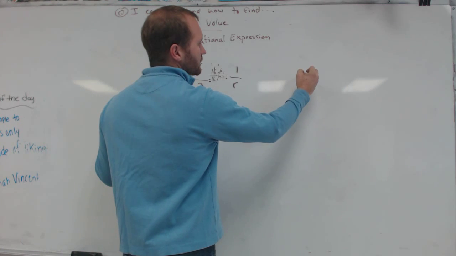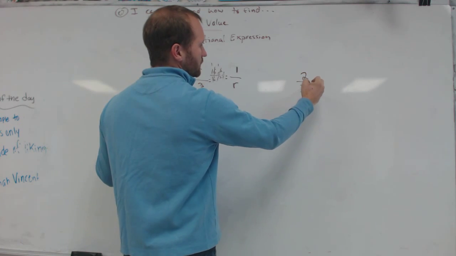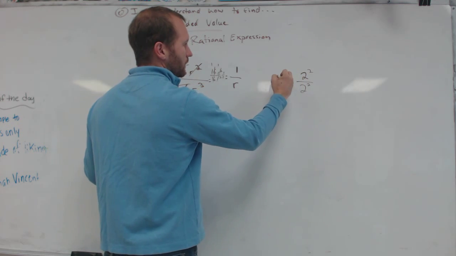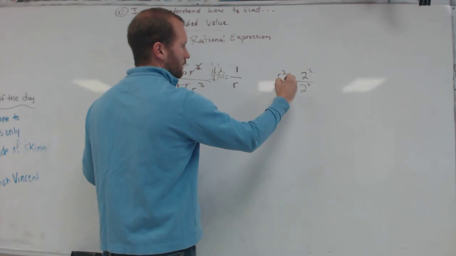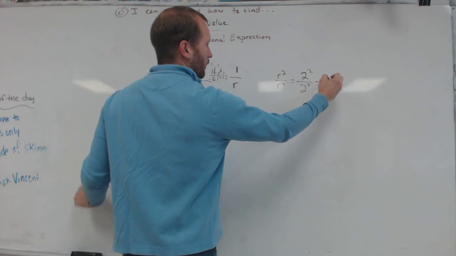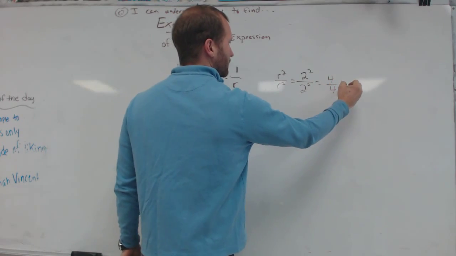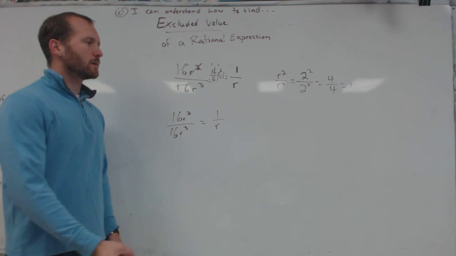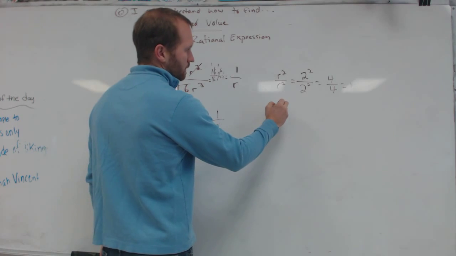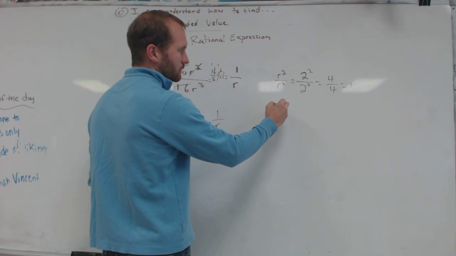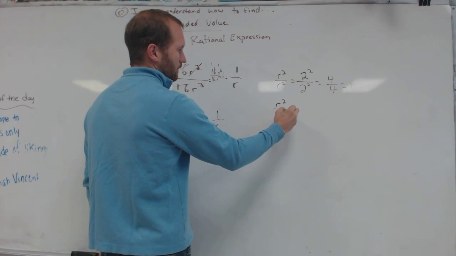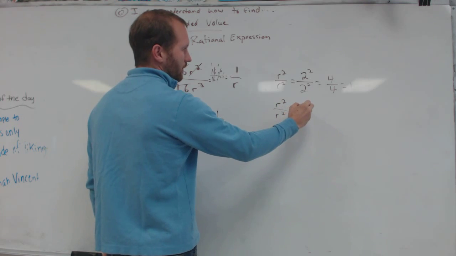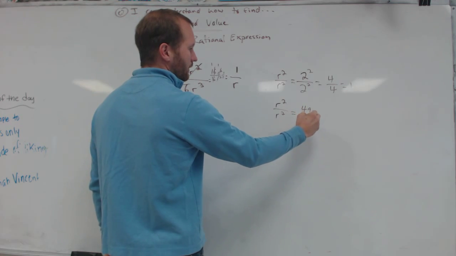Like if r is 2, 2 squared over 2 squared is 4 over 4, which is 1. When r is, I don't know, 7, r squared over r squared becomes 49 over 49. That's 1.